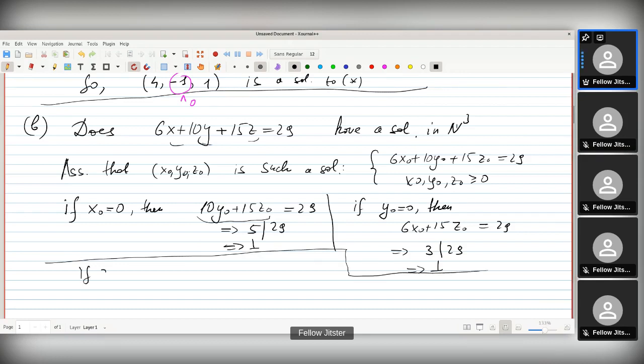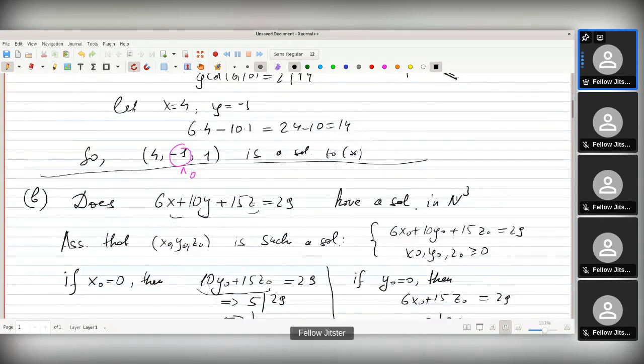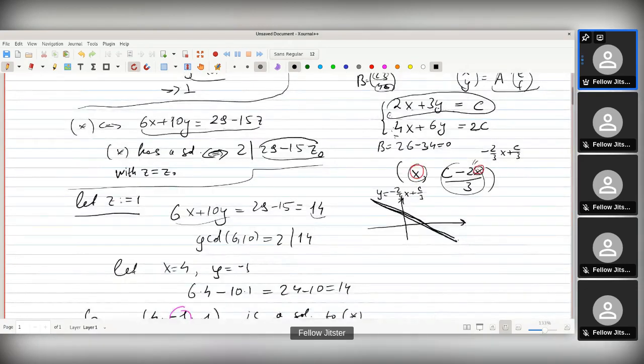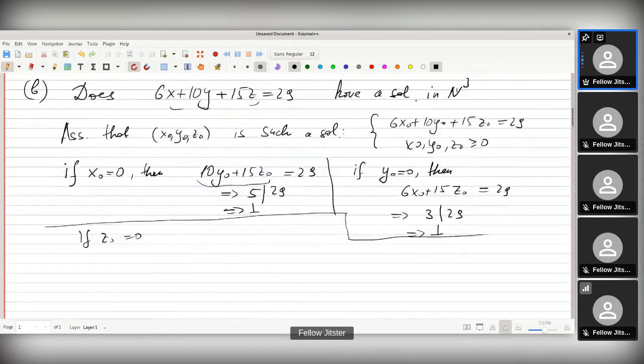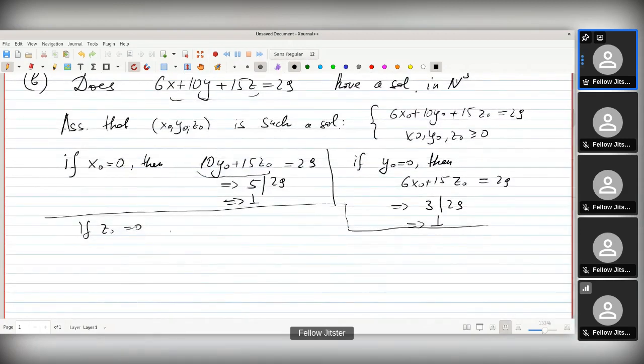And what about z? If z0 was 0, we know that it is not possible, it must be odd. But nevertheless, let us repeat. So we have 6x0 plus 10y0 being equal to 29. So what does it mean? 2 divides 29, which is not the case.